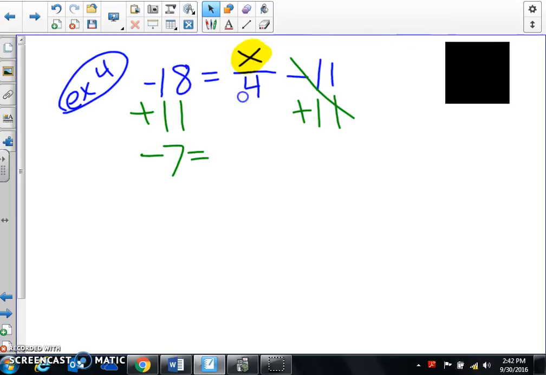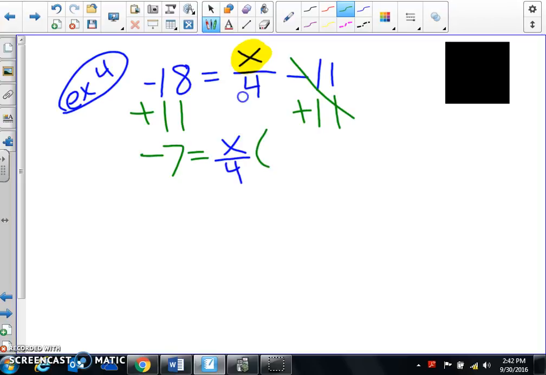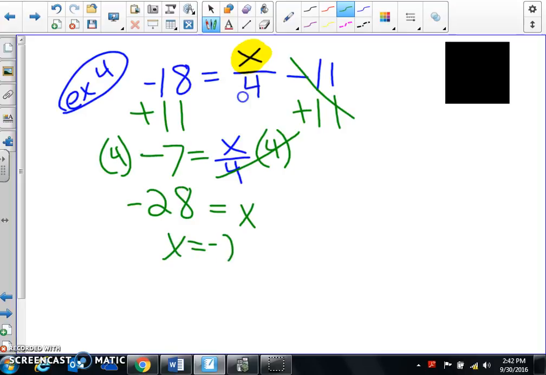And then now I'm going to drop down my x over 4. And this is x divided by 4. The opposite of dividing by 4 is multiplying by 4. So those cancel. Drop down your x. 4 times negative 7 is negative 28. Using that symmetric property again. And check step it out again.